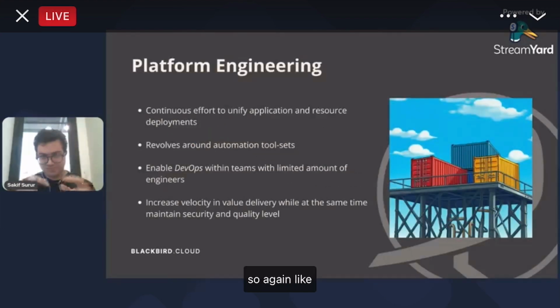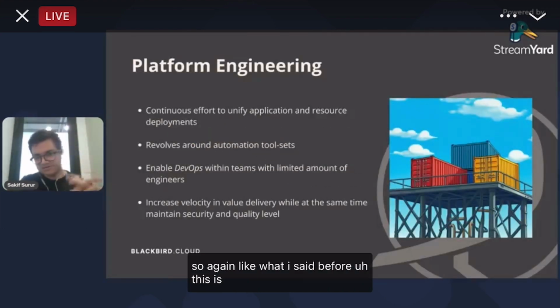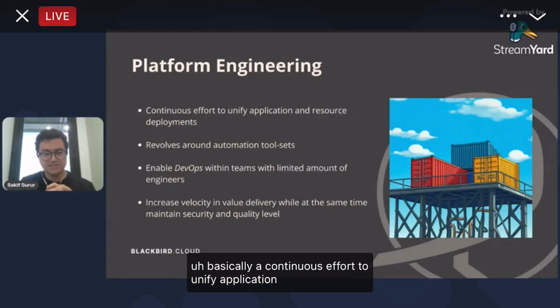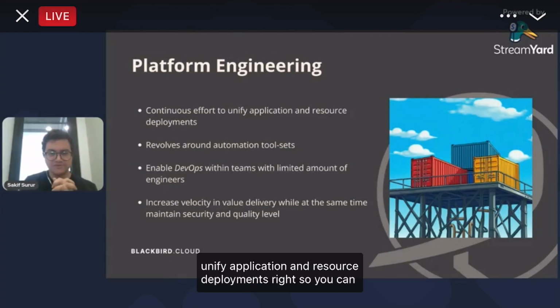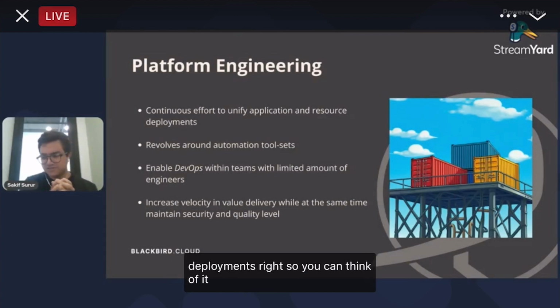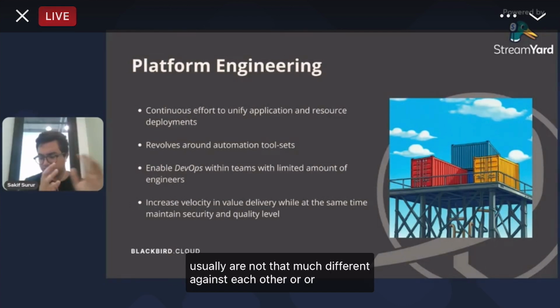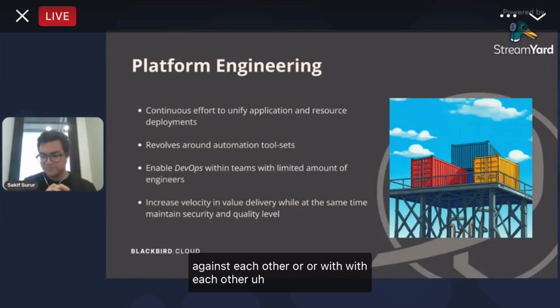So again, like what I said before, this is more of a slightly in-depth of platform engineering. It's basically a continuous effort to unify application and resource deployments, right? So you can think of it this way: your applications usually are not that much different from each other. You could make some archetypes of your application.